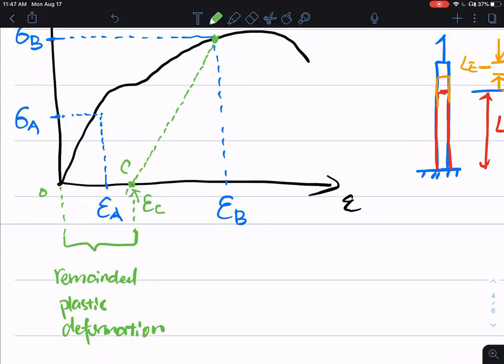Could someone tell me what is the elastic deformation caused by that? The pure elastic deformation caused by the sigma B, on the diagram.